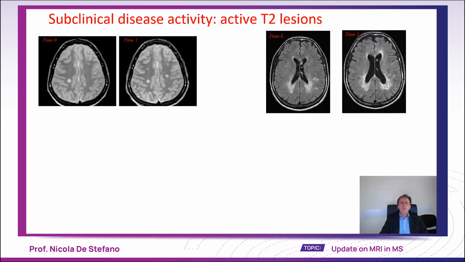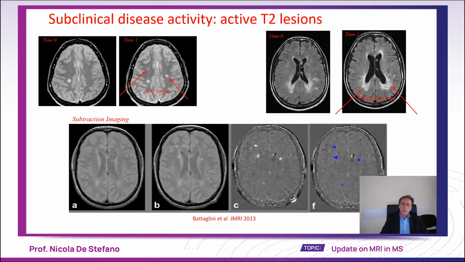But of course, particularly when we monitor our patients, what we want to try to do is look at new lesions and at what we call subclinical disease activity in the patient, which can be the presence of new lesions or eventually enlarging lesions. This can be very difficult sometimes, and we use software that does these approaches, such as so-called subtraction imaging.